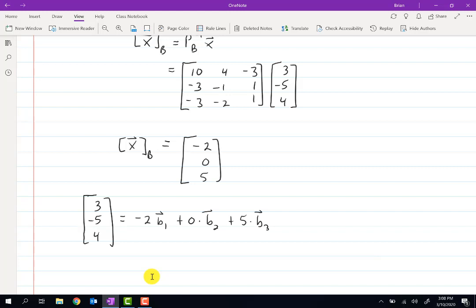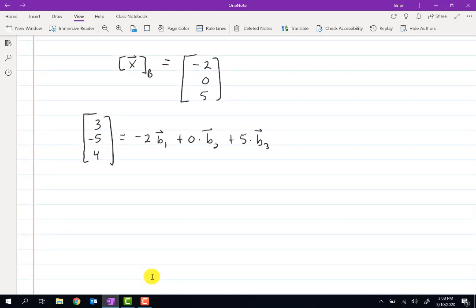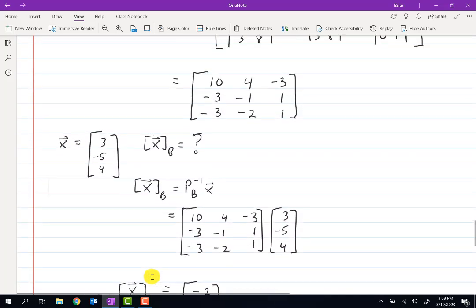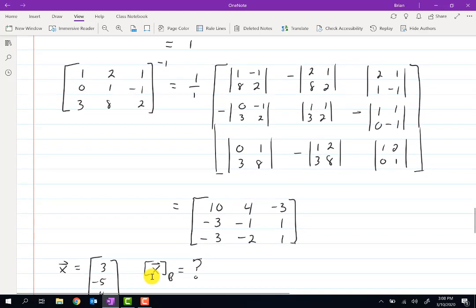And let me put in my basis vectors to see if this does check out. So I have negative 2 times, what was basis vector 1? That was 1, 0, 3.